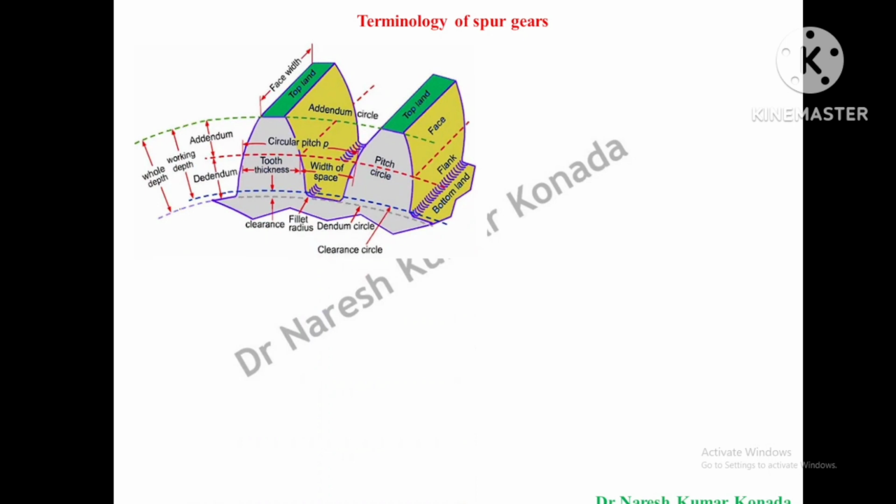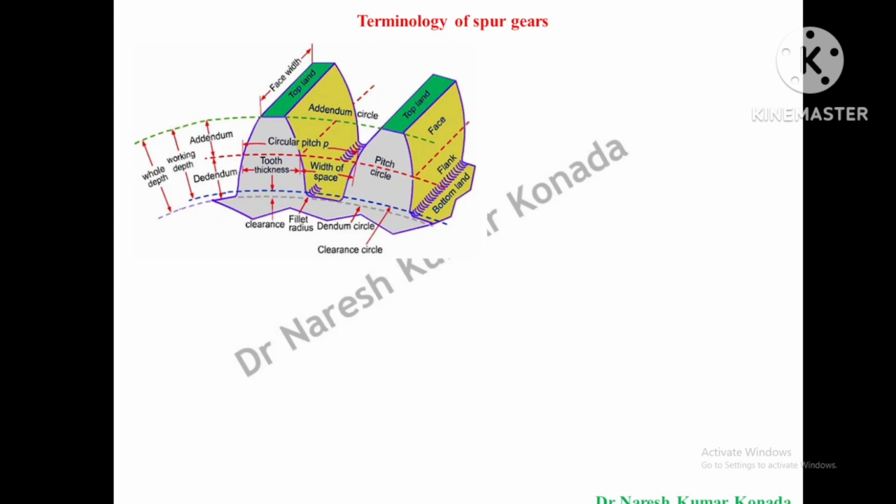And these are the terminologies related to a spur gear. From this figure you can clearly see various terminology of a spur gear. That is the center line, called the pitch circle, and the top line touching the tooth surface is the addendum circle, and the bottom of the tooth surface we call the dedendum circle.